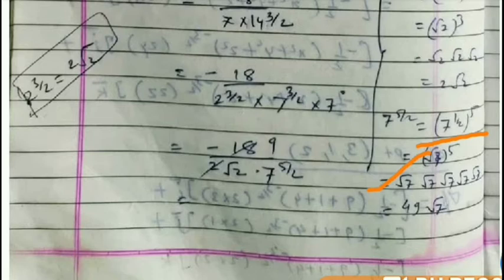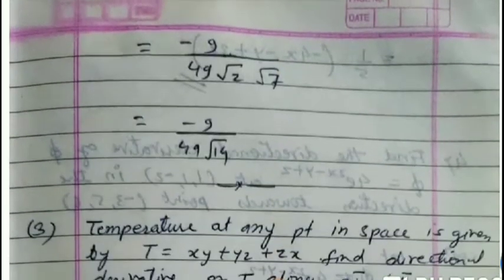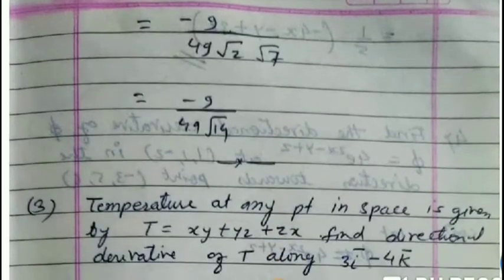Root 7 times root 7 is 7, again root 7 times root 7 is 7, and the remaining root 7. So 7 into 7 is 49, so 49 root 7. This is the simplification, and this is the directional derivative of phi along vector u bar.